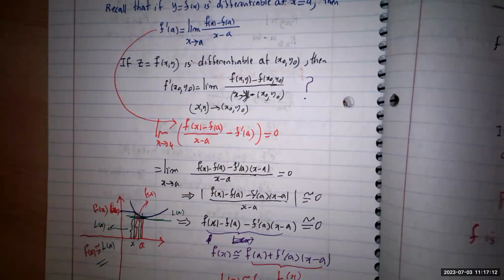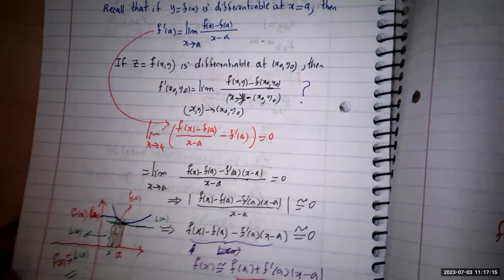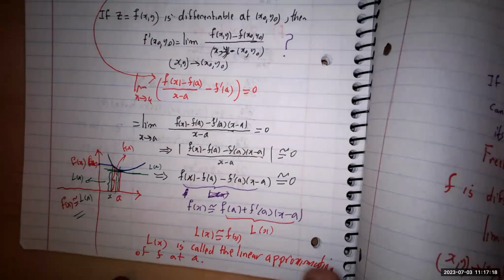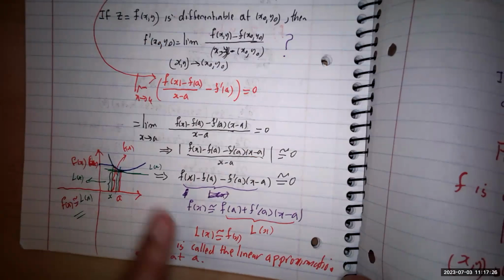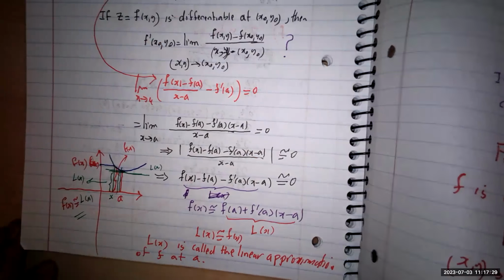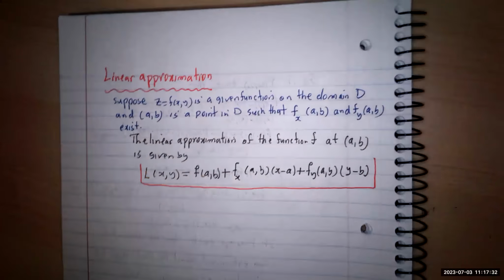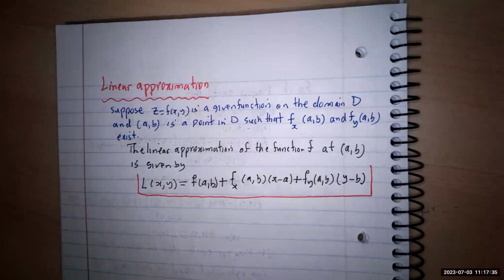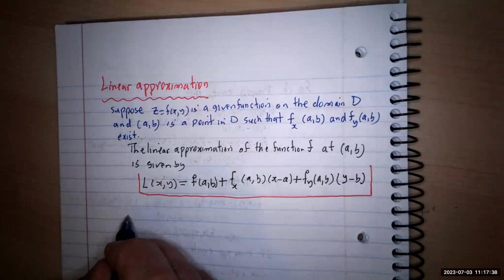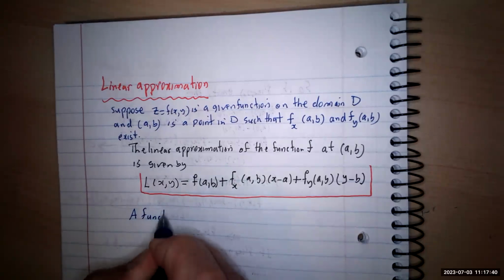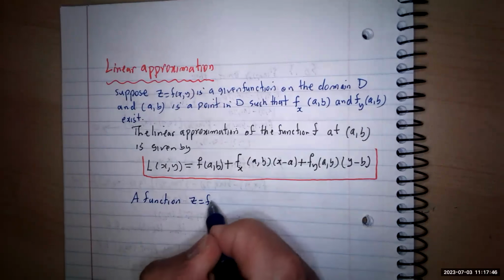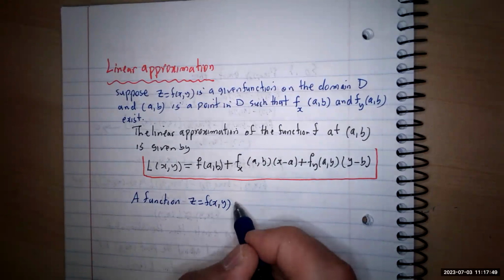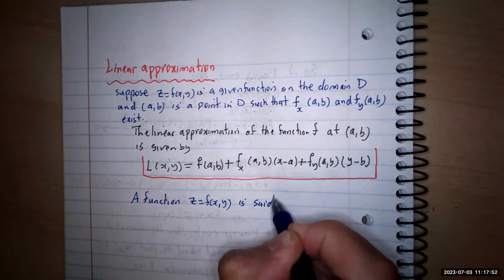In the function of one variable, remember, I proved that when it's differentiable, the value of the function can be approximated by the linear approximation. Now I'm going to use this as a definition. If the function z equals f of x comma y is said to be differentiable, and if you use the Frechet definition it's going to be the same thing.